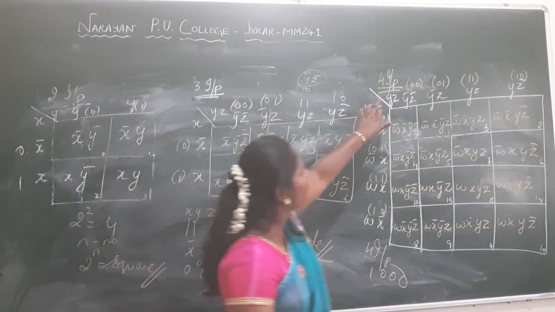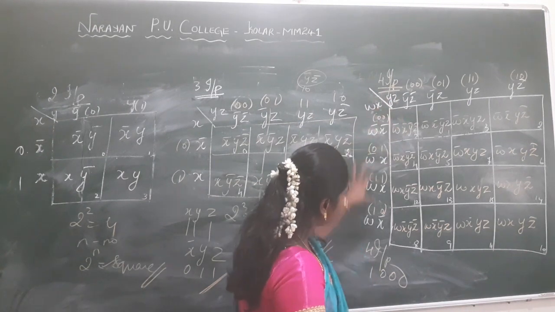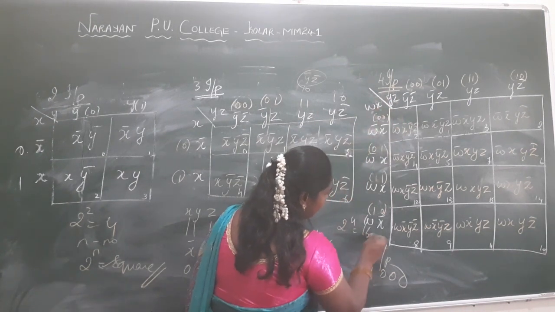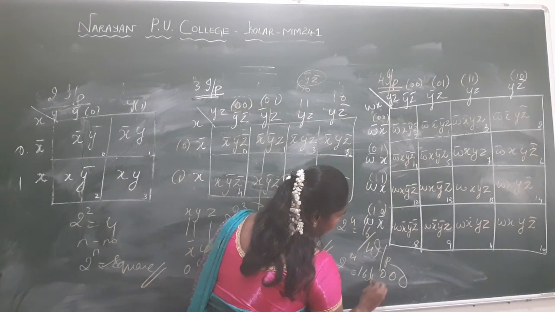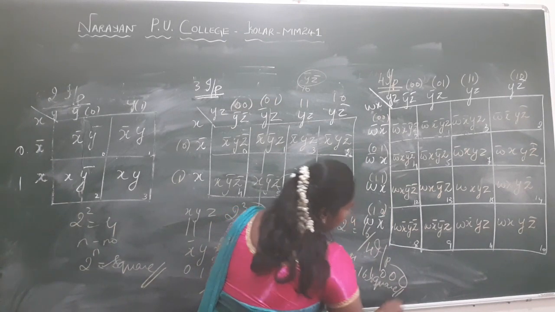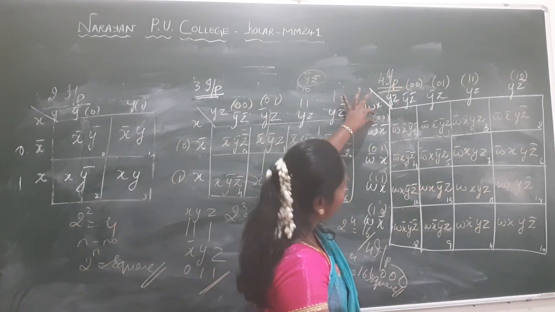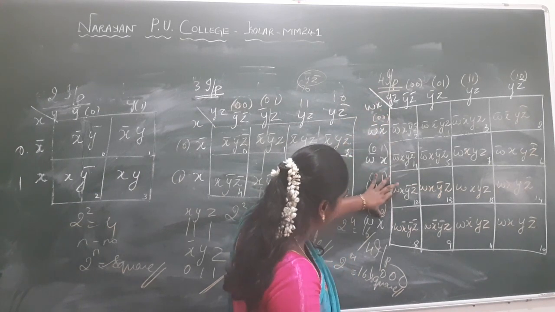Next, for 4 inputs, the variables are WX, YZ. The possible combinations are 2 to the power of 4, which is 16. So 2 to the power of n, as I have already told, gives 16 squares in which the variables can be represented. The combinations are 0, 0, 0, 1, 1, 1, 1, 0.